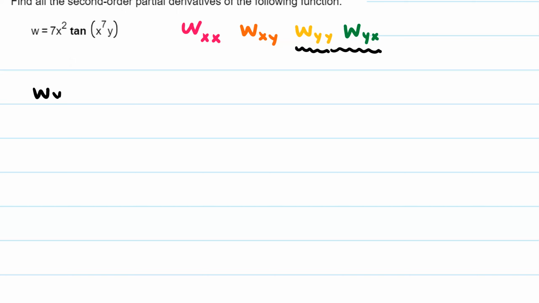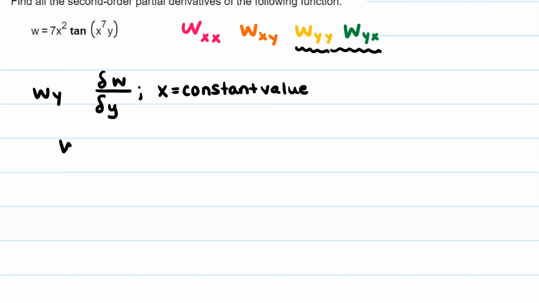So w sub y is going to be the partial derivative of the function with respect to y. And that means x is a constant value. We're going to treat x like a number.